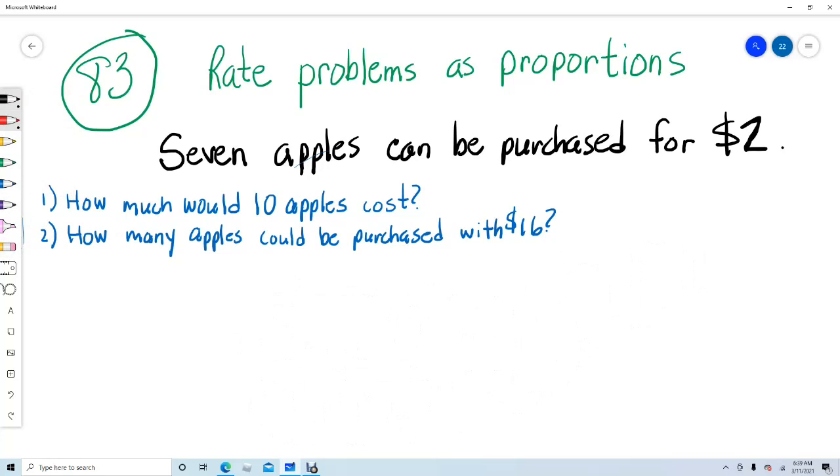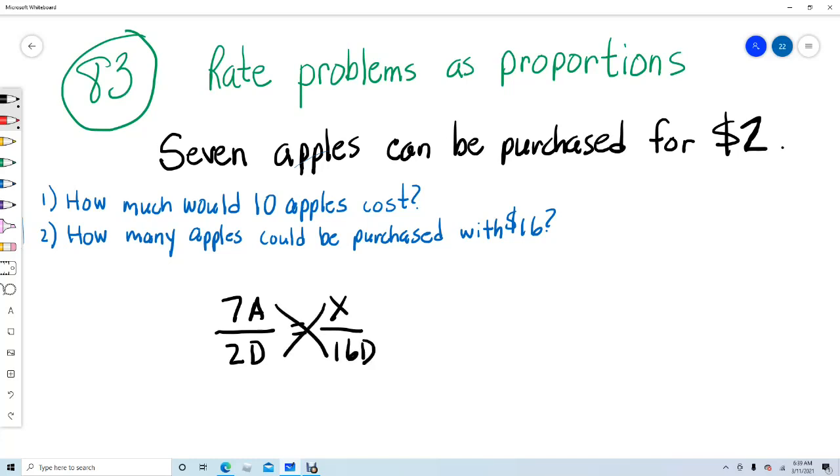Okay, let's work the other problem as a proportion. How many apples could be purchased with $16? Now, I can still use 7 apples over $2. It doesn't really matter which rate I pick, as long as apples are on top and dollars are on the bottom in both rates. How many apples could be purchased? So I'm looking for apples. Okay, and I know that I have $16.